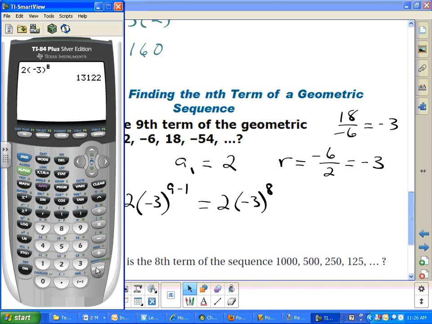All right, so I get a positive number, 13,122. But if I just type this in, that's going to give me a negative number. Okay? So you have to be careful. Make sure you put the parenthesis in the correct spot, because you want to make sure you get the right answer.